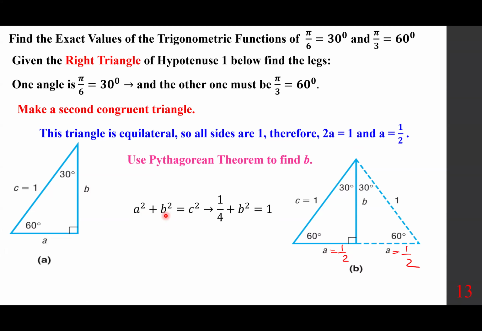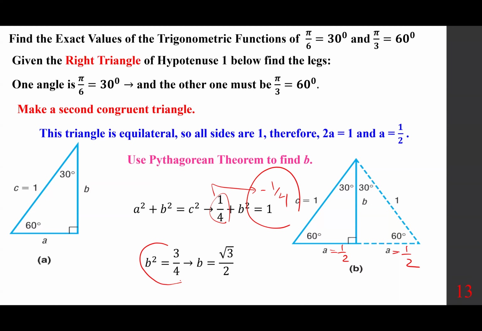So a squared plus b squared equals c squared. a is 1/2, becomes 1/4. b squared, 1 squared is also 1. So if I subtract 1/4 from both sides, this becomes 3/4. If b squared is 3/4, b is the square root of that. So b is square root of 3/4, which is square root of 3 over 2.